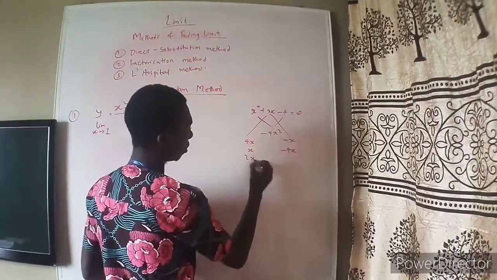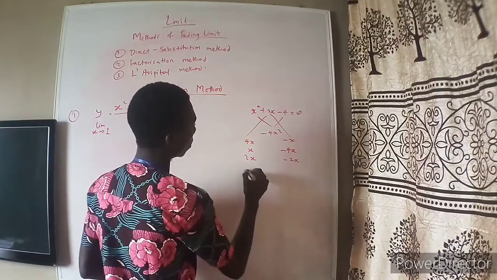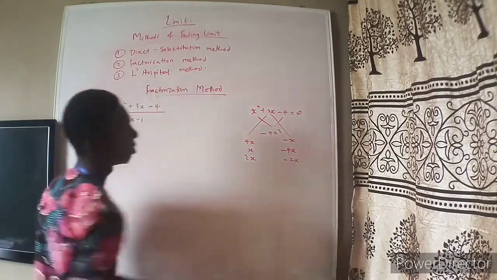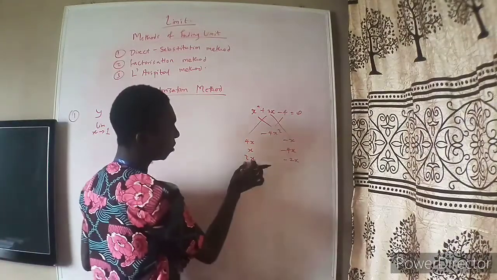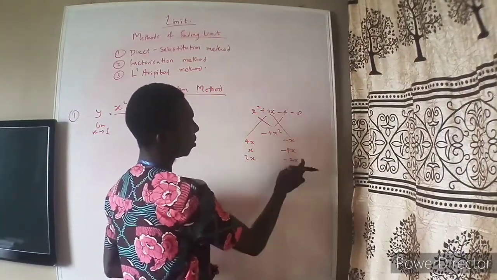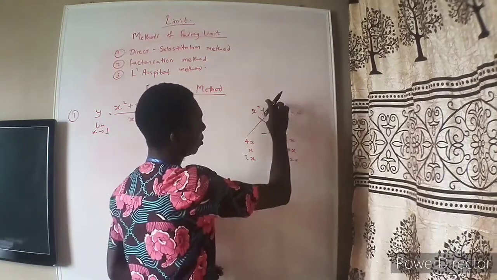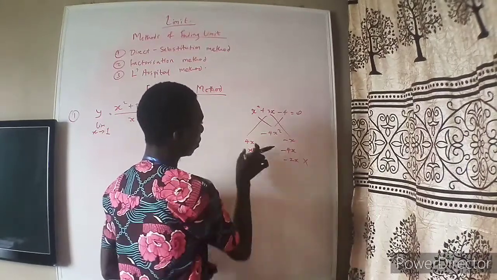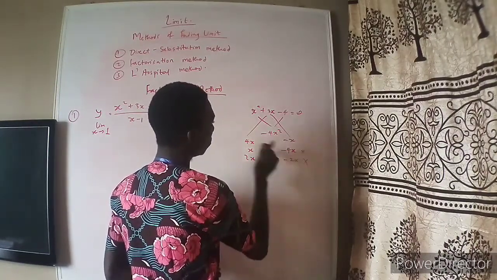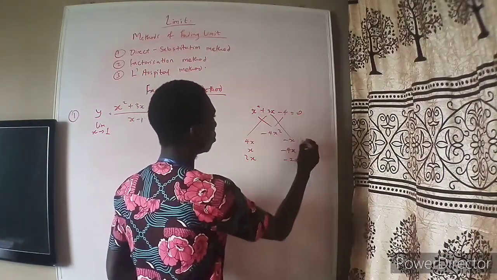I can have 2x and minus 2x. Let's just stop here. So now, which of them, if I add them, gives me plus 3? This plus this minus this will give me 0. The b is not 0, so this is out of the game. This minus this will give me minus 3, but we have plus 3x there, so it is out of the game. This plus this will give me plus 3, so this is what we'll be applying.